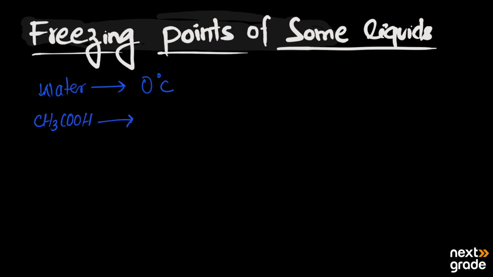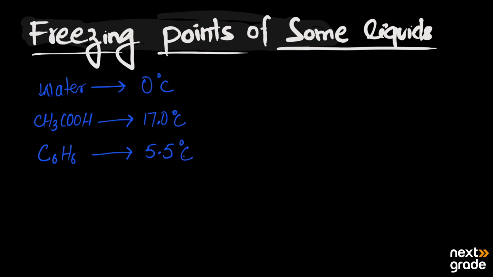It's a carboxylic acid and its freezing point is 17.0 degrees Celsius. On the other hand, benzene, with the formula C6H6, has a freezing point of 5.5 degrees Celsius.